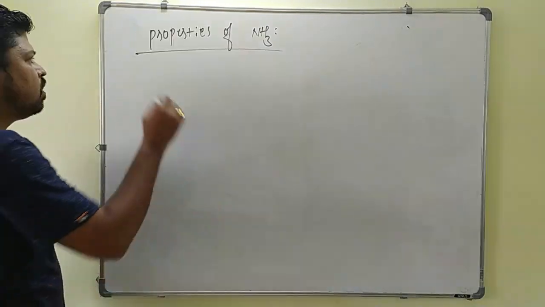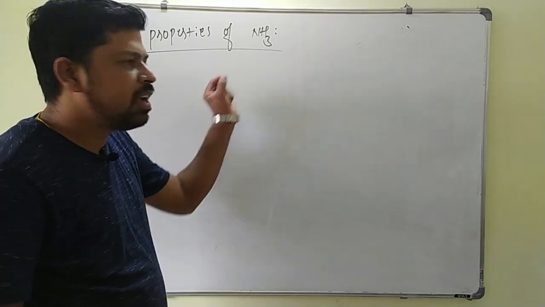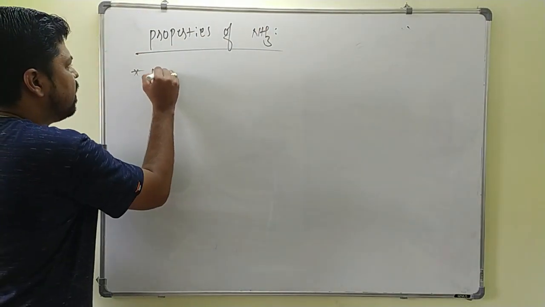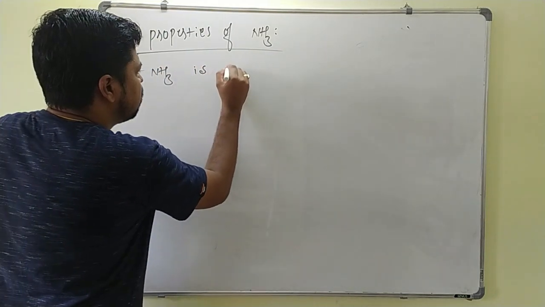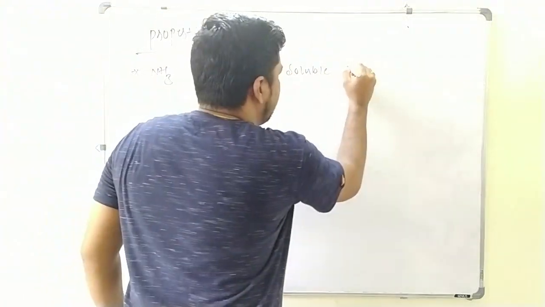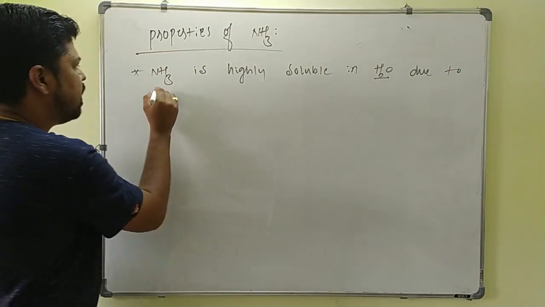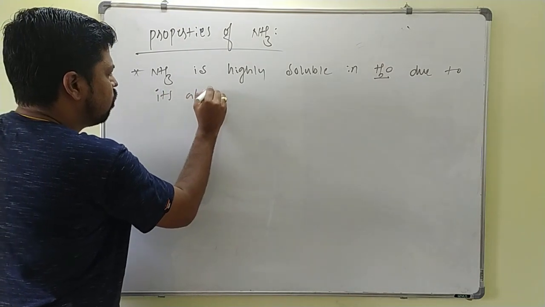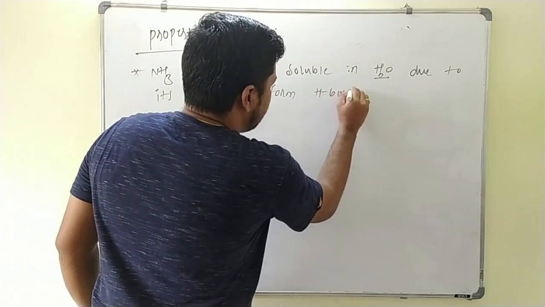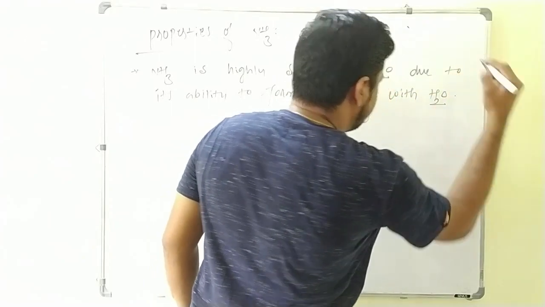Next point. Due to the formation of hydrogen bonding, ammonia is highly soluble in water. Ammonia is highly soluble in water due to its ability to form hydrogen bonding with water.